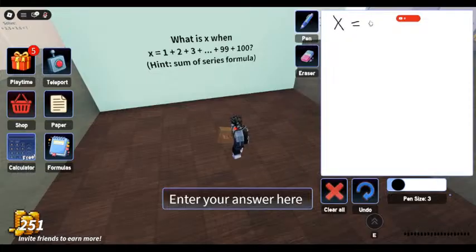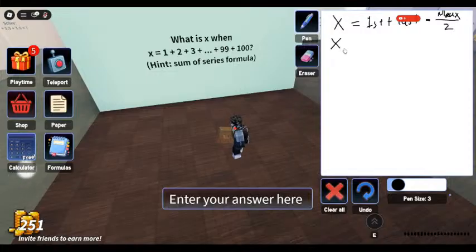Now here, remember: first plus last, times the max number divided by 2.